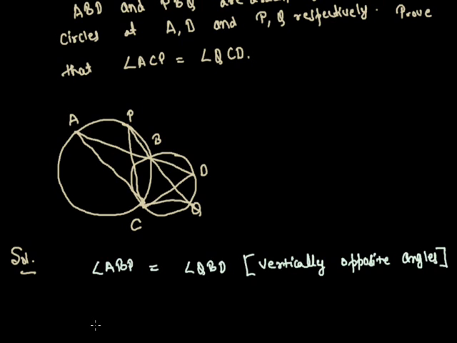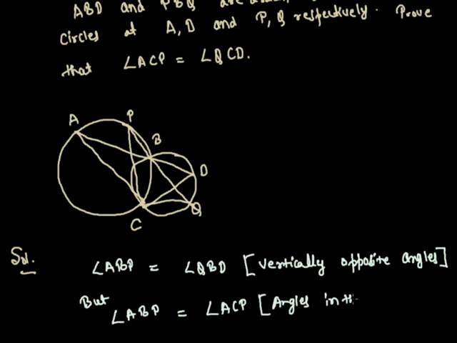But angle ABP is equal to angle ACP, because angles in the same segment of a circle are equal.